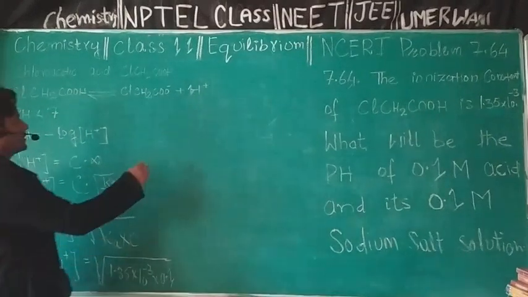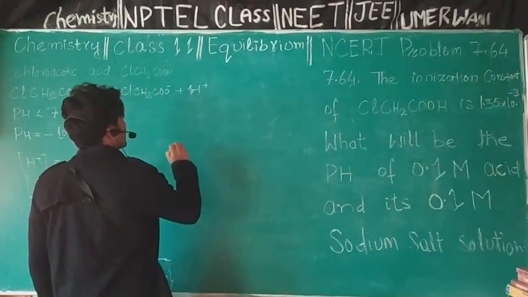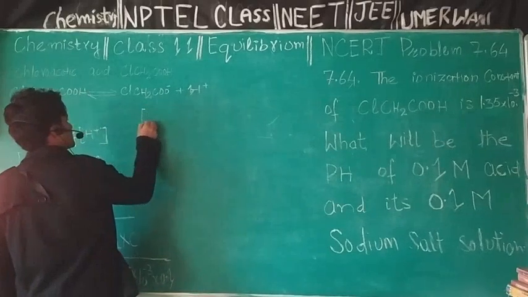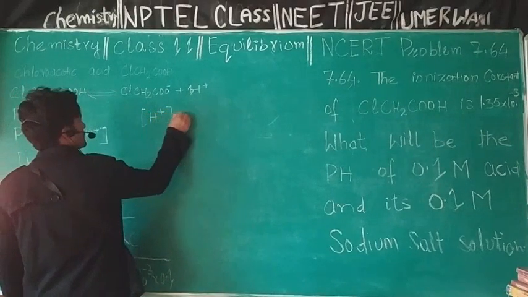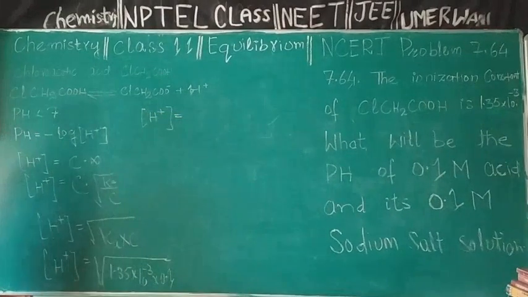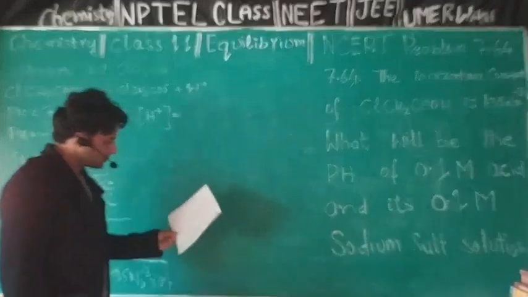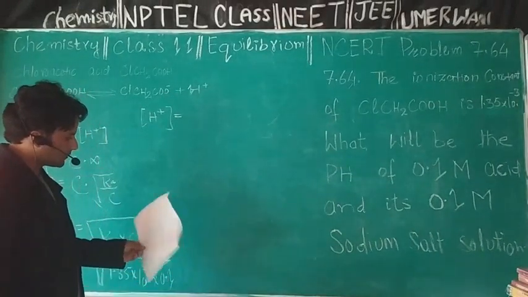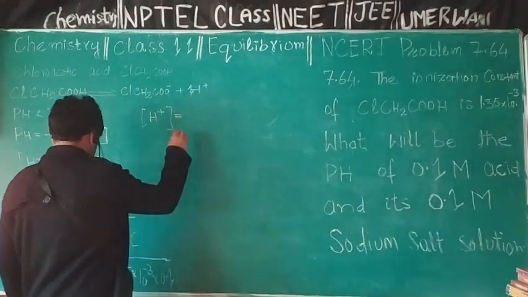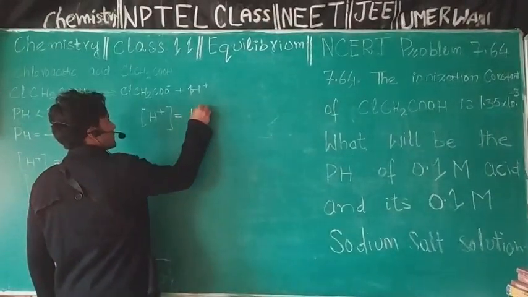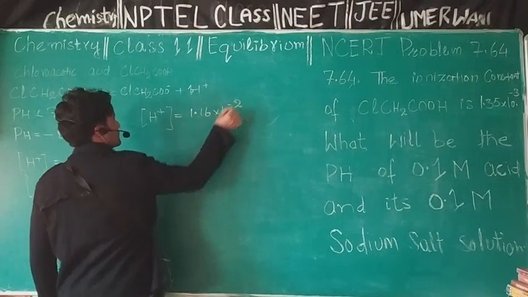On evaluating, we find that H positive ion concentration in its solution, I have calculated its value, it comes equal to 1.16 into 10 raised power minus 2.